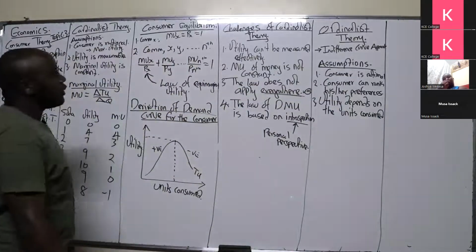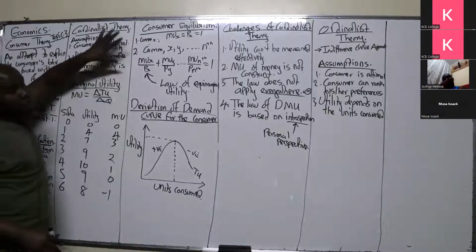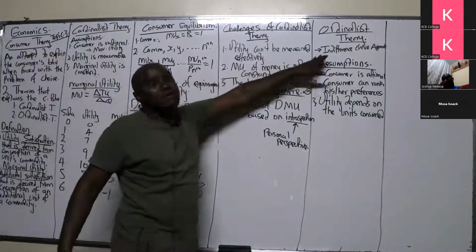Don't confuse the ordinalist with the cardinalist. Here we are using the indifference curve.